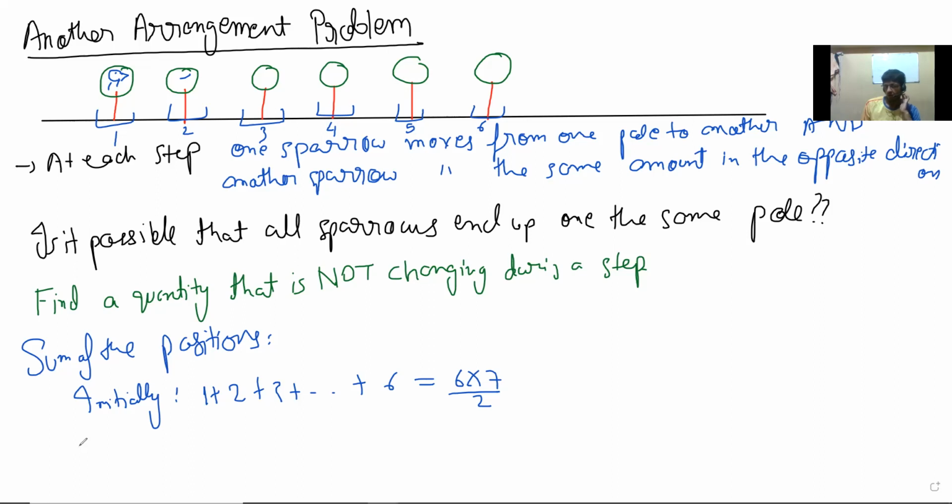Explain what? Yeah, so I've described an invariant. Can anybody explain what this invariant is? I've described a quantity. So what is this quantity? Please try to explain, someone.